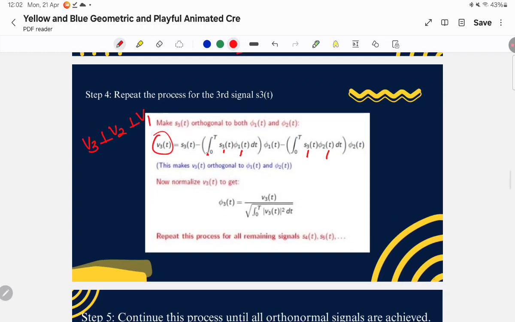And again we will do the same. We divide the V3 signal by its magnitude, right?